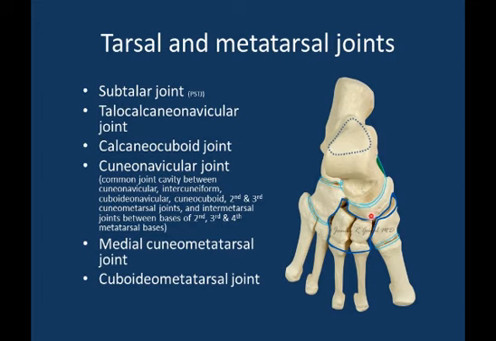The cuneo-navicular joint is an articulation between multiple bones.